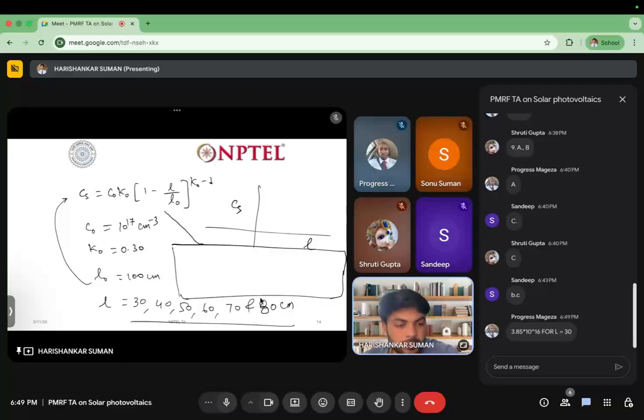Yes, you are correct for 30. Please calculate for 40, 50, 60, 70 and plot them on this plot of length versus CS.